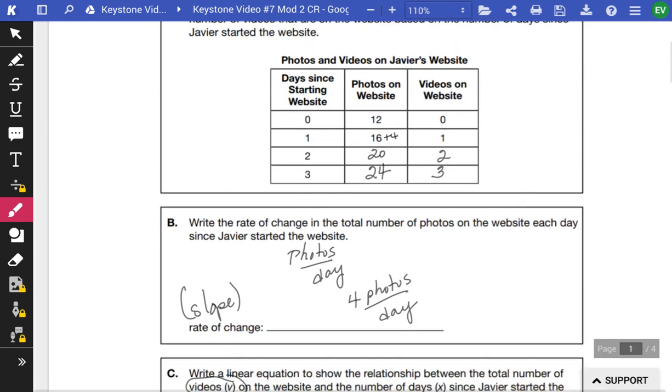So at day 0, the total is 12. At day 1, 17. At day 2, 22. And day 3, 27. So make sure you read the question carefully. This one said combined photos and videos. So those are our points.